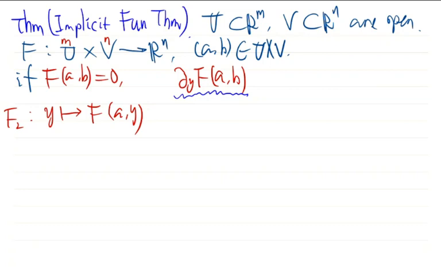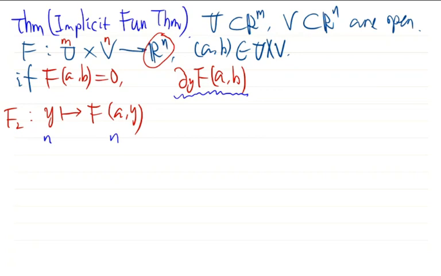So because F2 is a map from n-dimensional Y, the image is also n-dimensional because our map is into Rn. The dimension of the target space of our capital F is the same as the dimension of V, which is n-dimensional. Okay, so F2, to define the partial derivative of capital F with respect to Y, is a map from n-dimensional open set V to n-dimensional space.